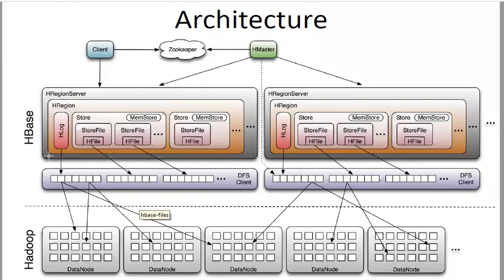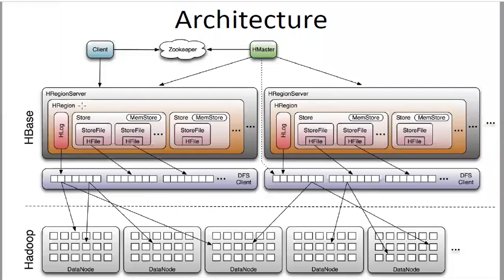Here you can see Hadoop is divided into name node and different sets of data nodes. And when it comes to HBase, it is using an HDFS client between Hadoop and HBase as an interface. There is an HDFS client in between. And you have HBase here.